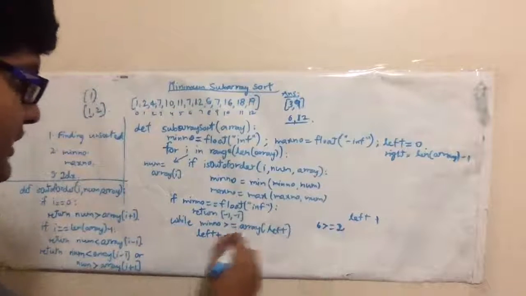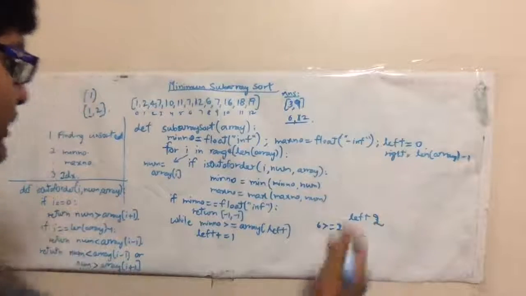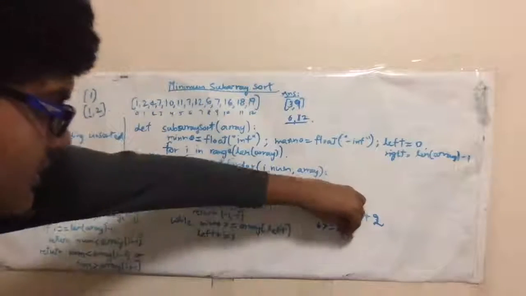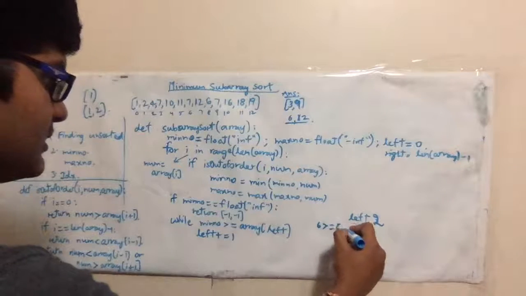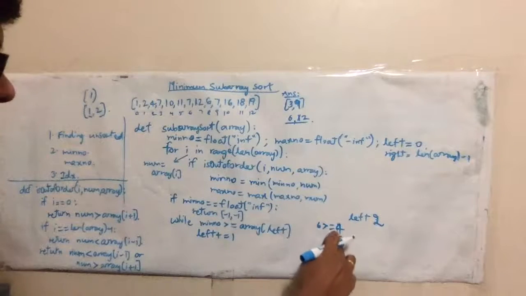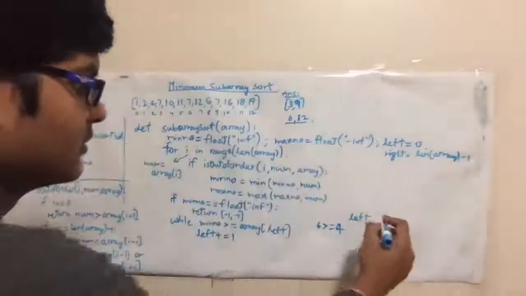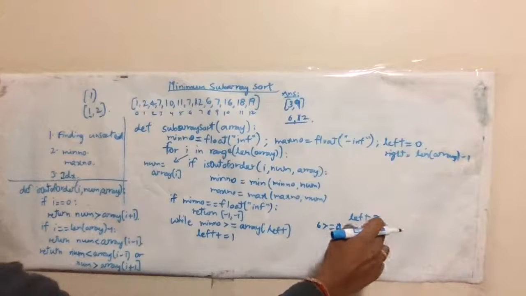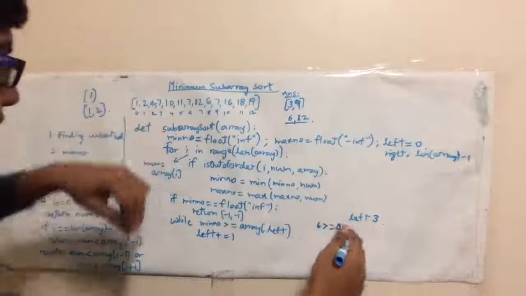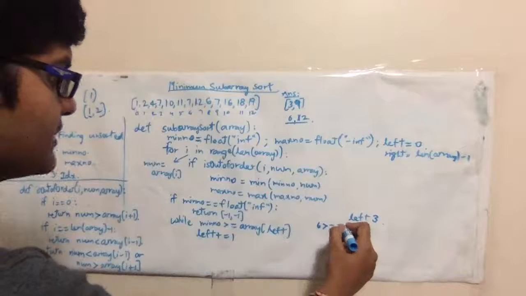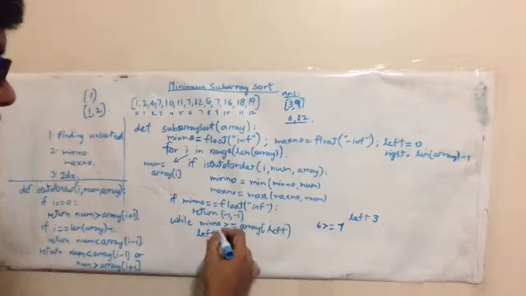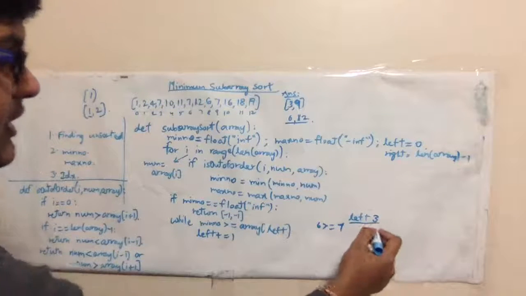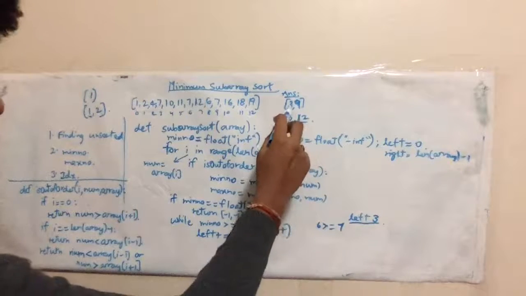That is true, so left is incremented by 1 again, and left becomes 2. Is 6 greater than or equal to 4? Yes, so this becomes 3. So currently we have the left index as 3. Now we check 6 greater than or equal to 7. This condition will not be satisfied, and we have 3 in the left index. So that is one of the answers here.